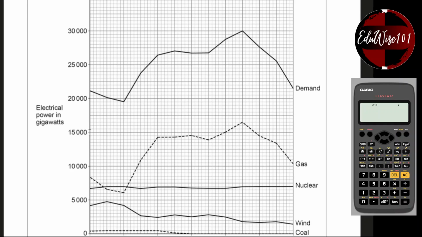So that's 15,000. So 0 to 5,000 is 10 boxes, which means each box is 500. So 15 plus 3 boxes, that's 16,500. So let's mark these values.